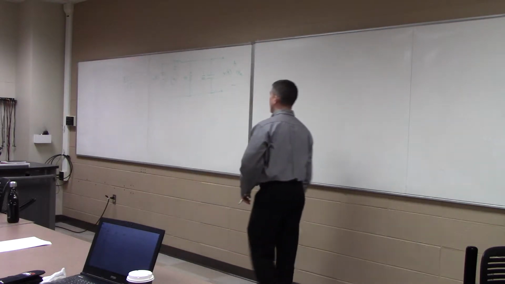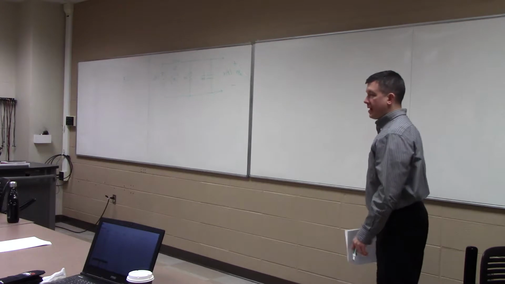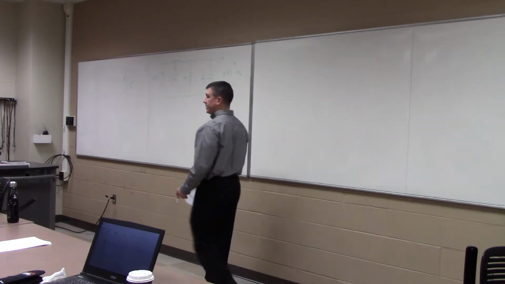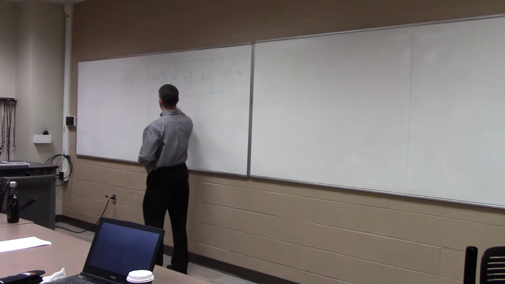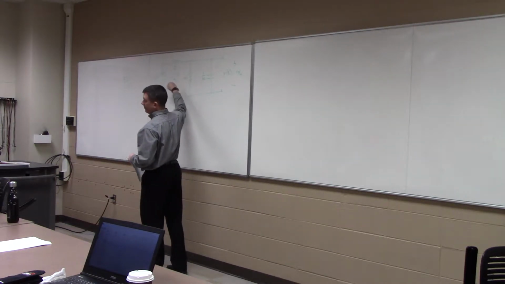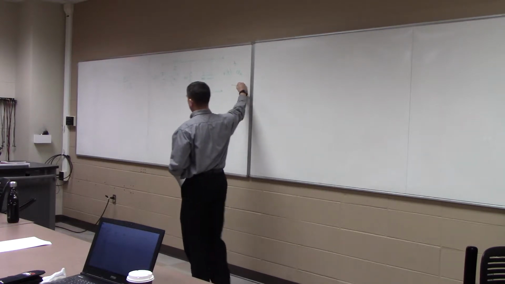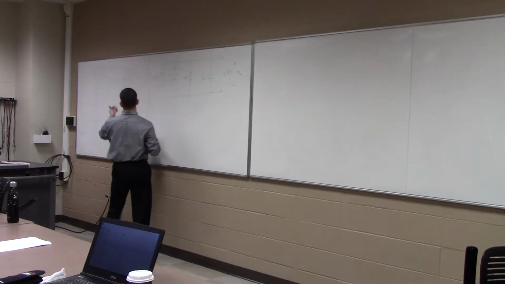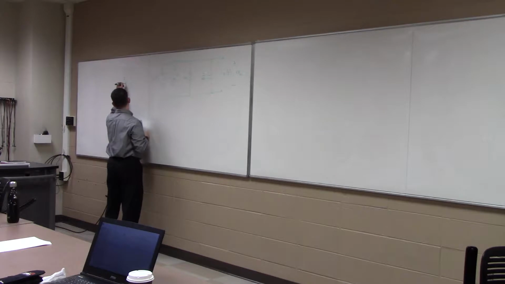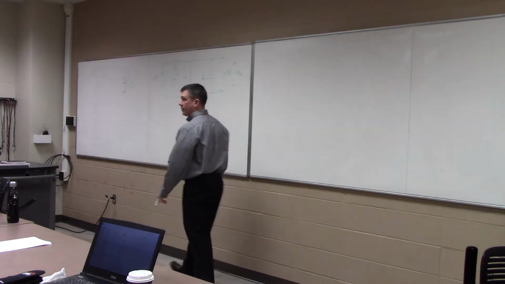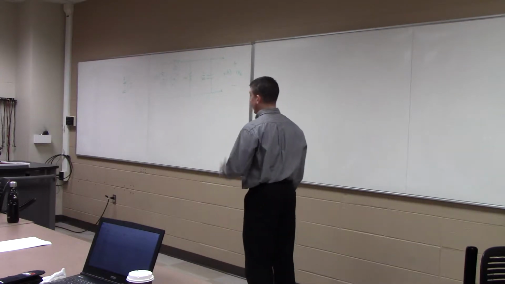If I do that, then we can do two state equations, one using Kirchhoff's voltage law for x1, one using Kirchhoff's current law for x2. Kirchhoff's voltage law because of inductors, Kirchhoff's current law because capacitors are defined by current.